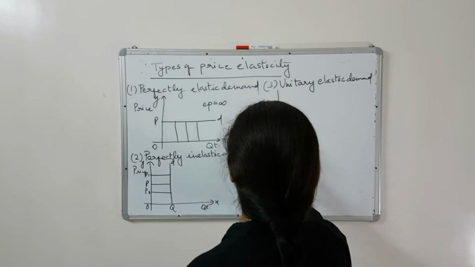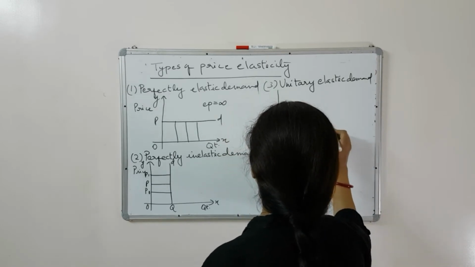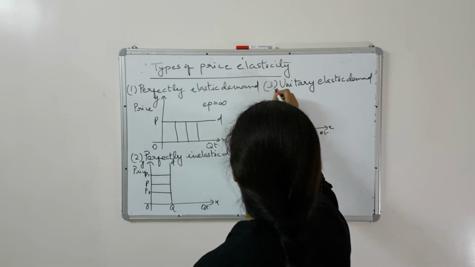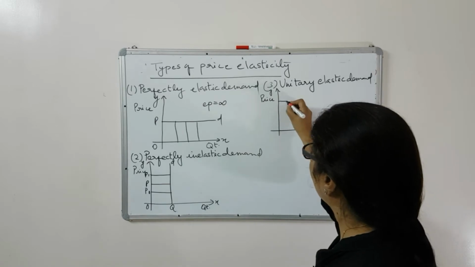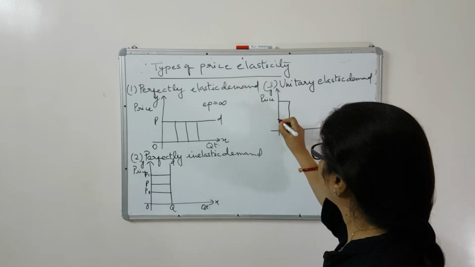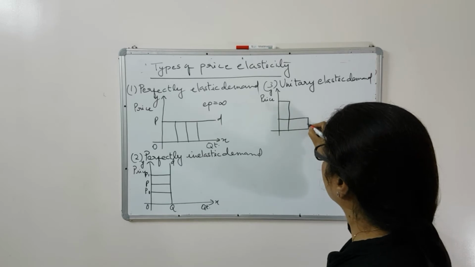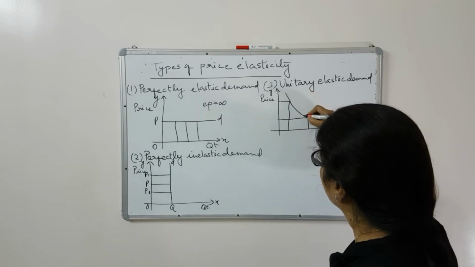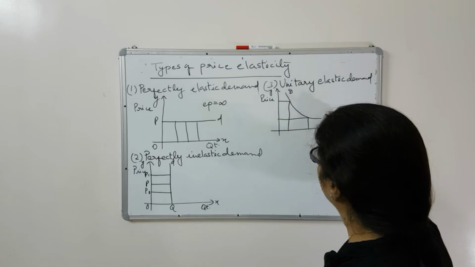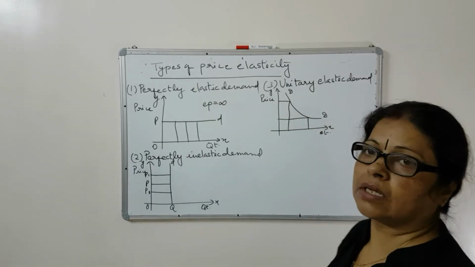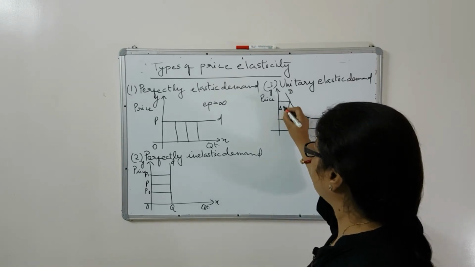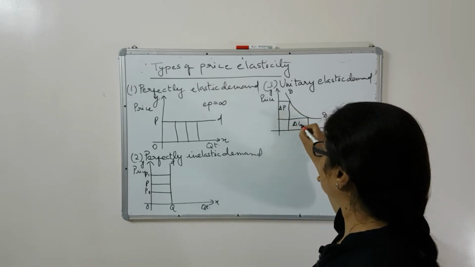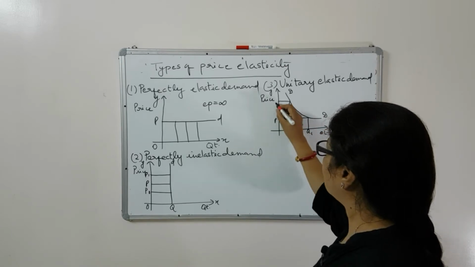Unitary elastic demand means whatever change is there in price, the same proportionate change is there in quantity demanded. Here you write del P, here you write del Q. Q, Q1, P, P1.